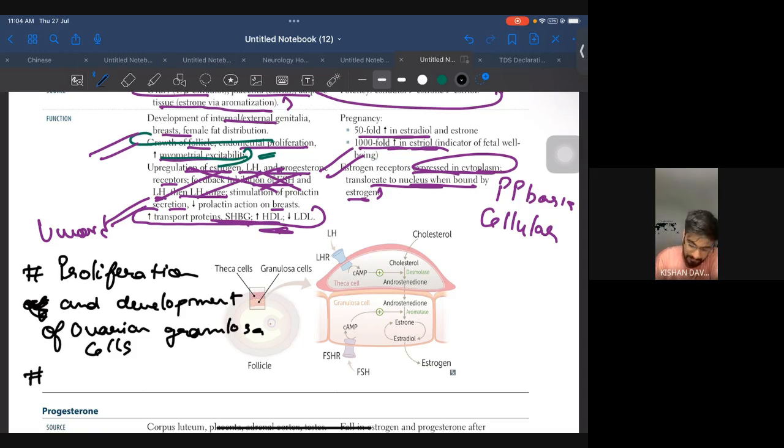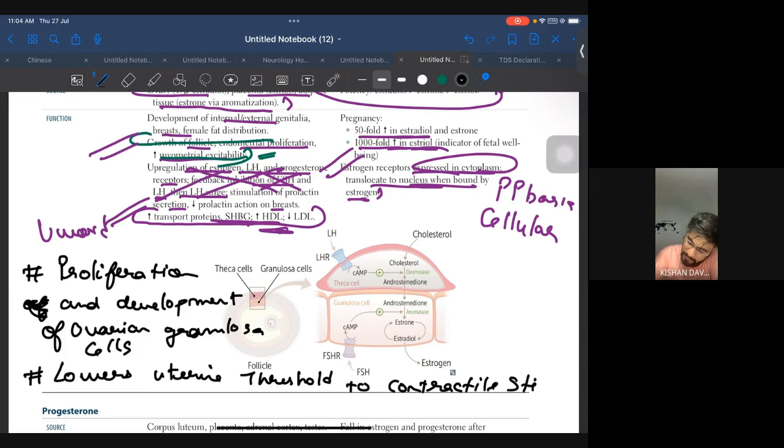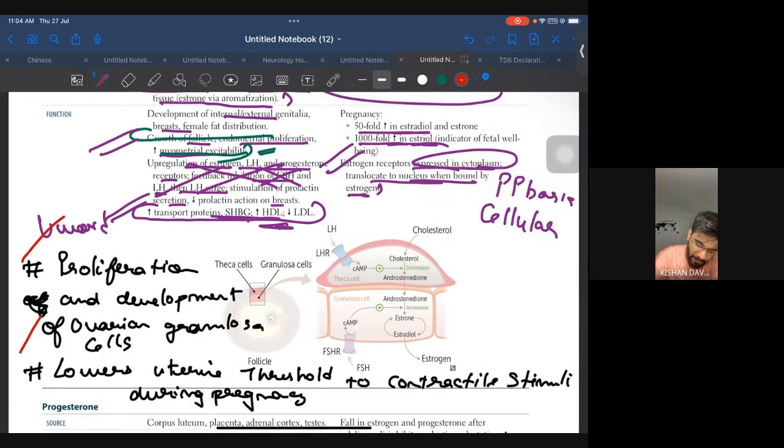And another one: lower uterine threshold to contractile stimuli during pregnancy. These two lines are from NBME, and so many questions have been asked on estrogen and progesterone function. These two points were most commonly asked everywhere. So I think you should know this, very important.